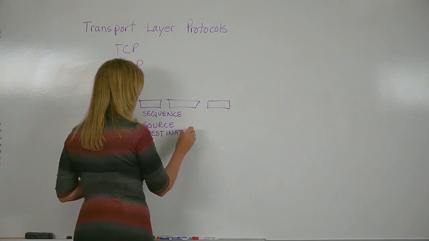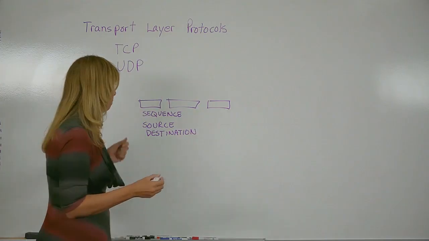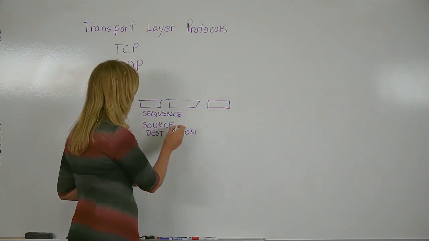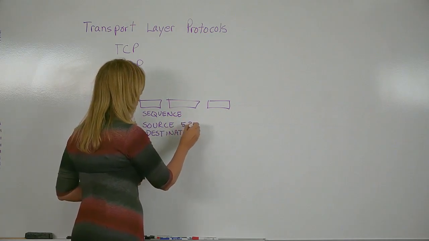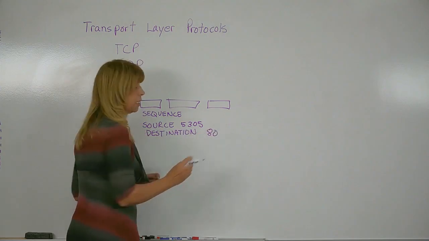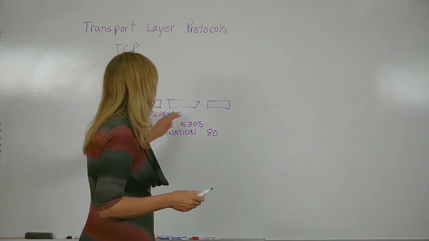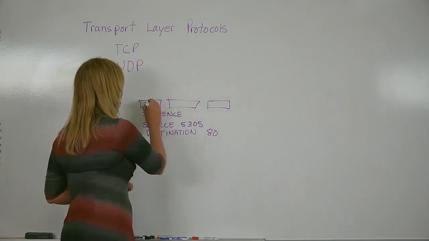So for example, if we were looking for a web page, and we were sending the web page request, we would have a source, again, our random port number, and the destination port number would be 80, which is the TCP port assigned to a web server. So we would then have a sequence number assigned to each one of these segments.